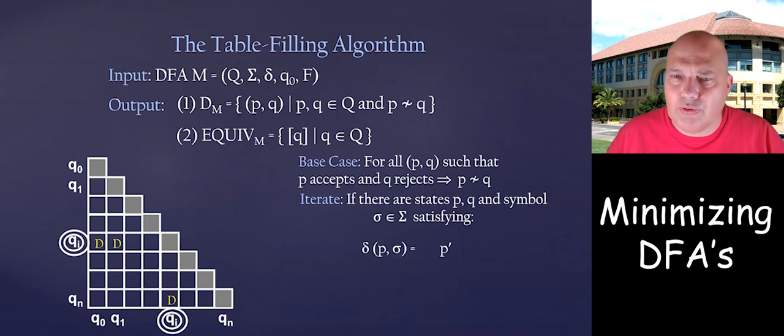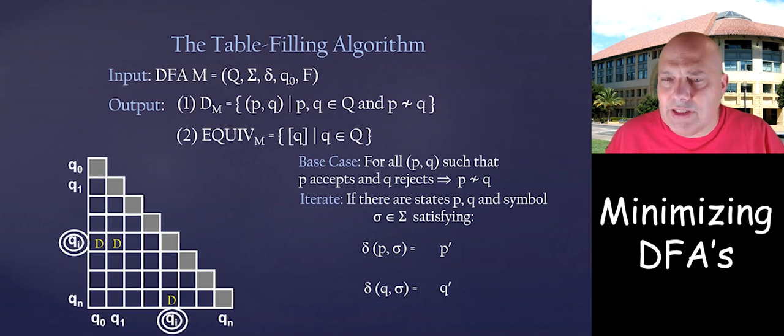So we check which state you reach from P on sigma, and which state you reach from Q on sigma. Now if these states are P prime and Q prime, and we know already from previous iterations that P prime and Q prime are distinguishable, we are going to conclude that P is distinguishable from Q.